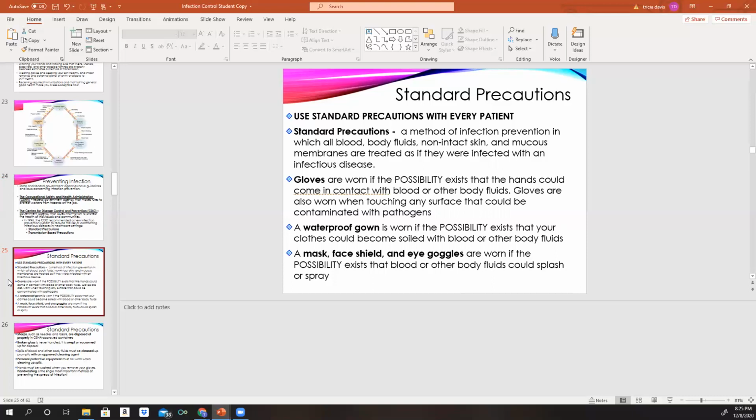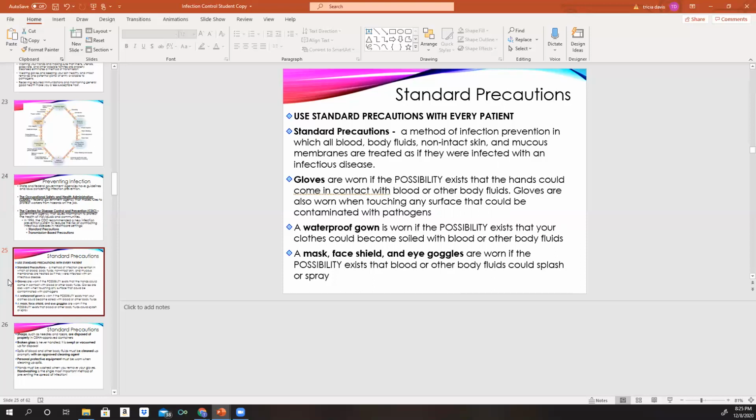Every single patient, you are going to implement standard precautions, okay? Standard precautions are used in the care of all hospitalized patients, regardless of their diagnosis or possible infection status. So if they came in, they just sliced their finger, and we're just going to give them some IV antibiotics, so they have to spend the night, we're going to implement standard precautions with them.